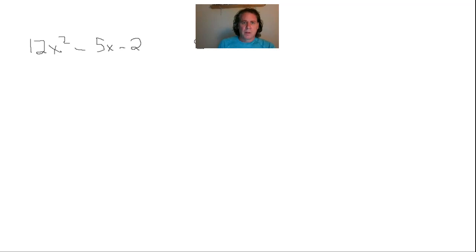So I make my SP chart. My sum is -5. My product is 12 times -2, which is -24. I ask, what two numbers add to -5 but multiply to -24? The numbers are -8 and +3.